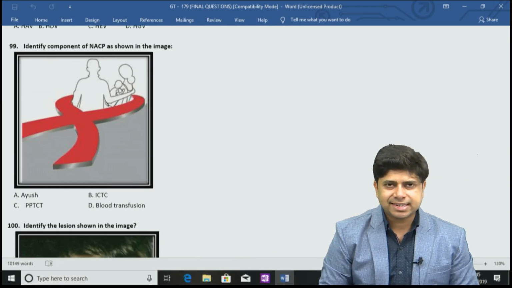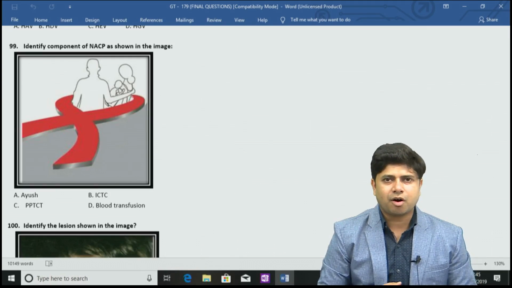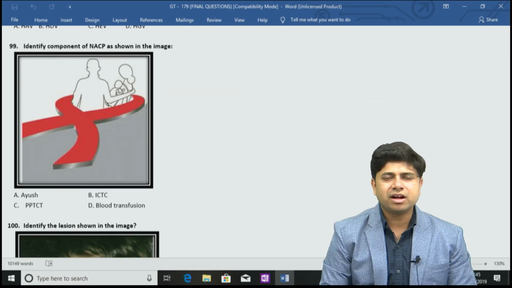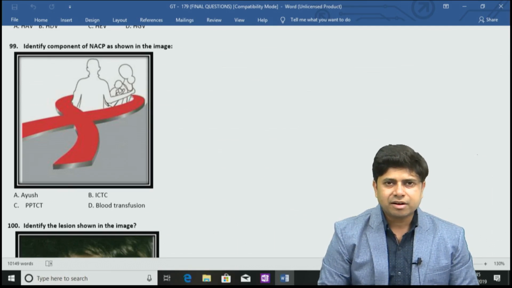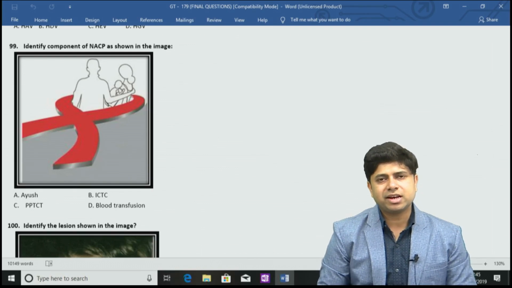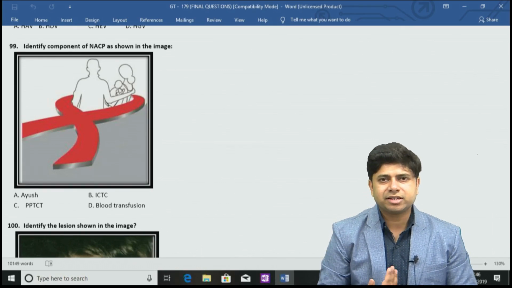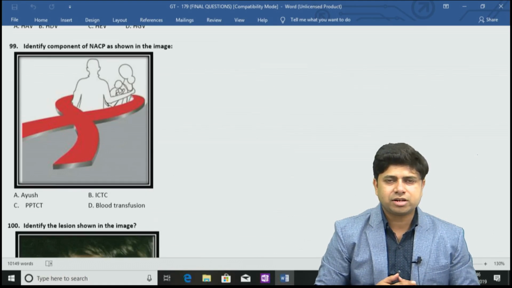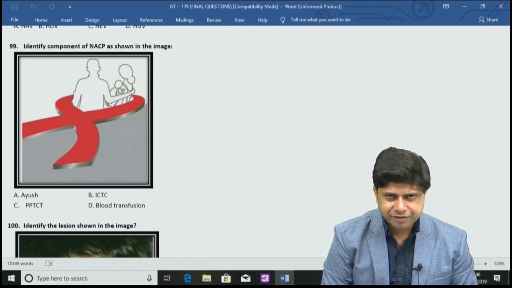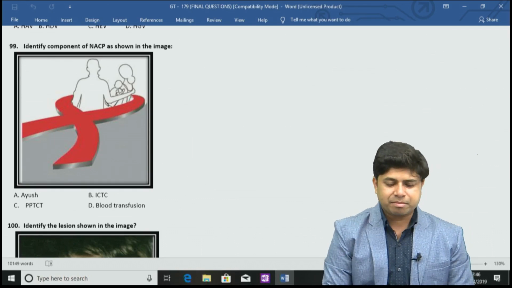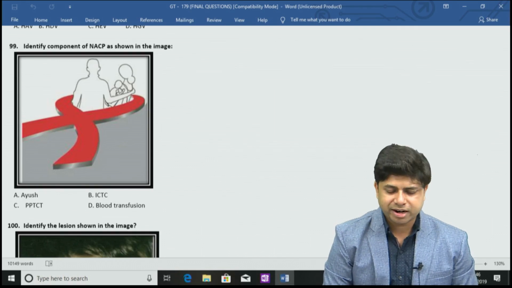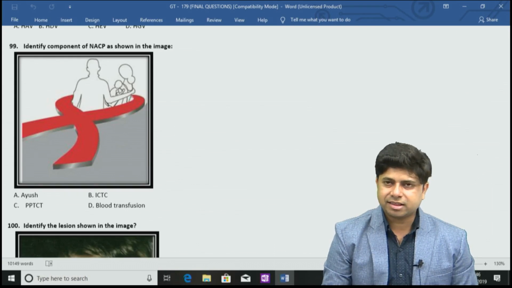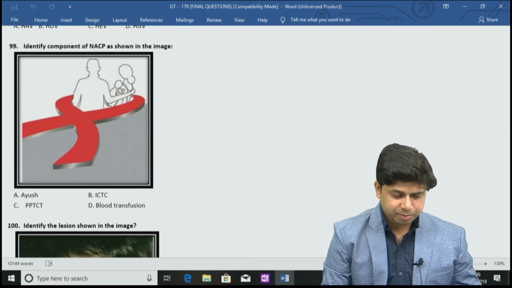The ICTCs, integrated counseling and testing centers, are also formed, where patients get counseling about their treatment, what to do and what not to do, and about general knowledge, attitude and practices regarding HIV. So the emblem signifies PPTCT, because there are a mother, father and child in that emblem.